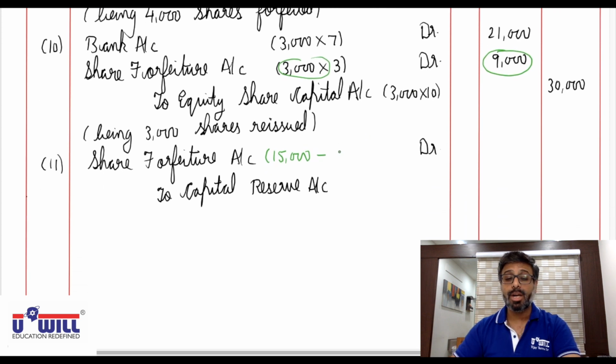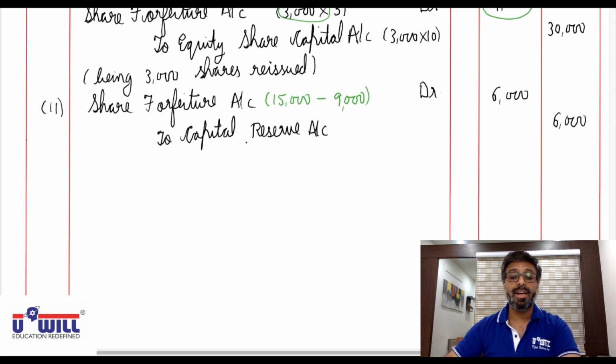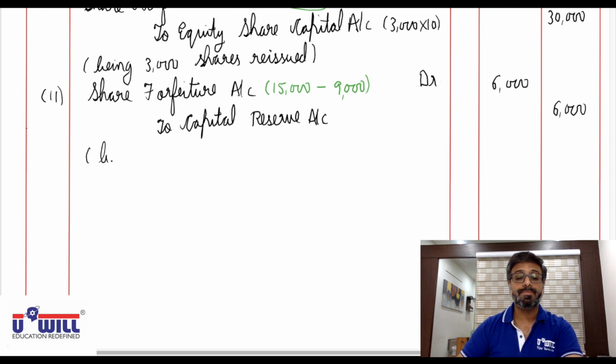So amount forfeited on reissued shares 15,000 minus discount 9,000 means what is the profit? 6,000. Being profit on forfeiture.